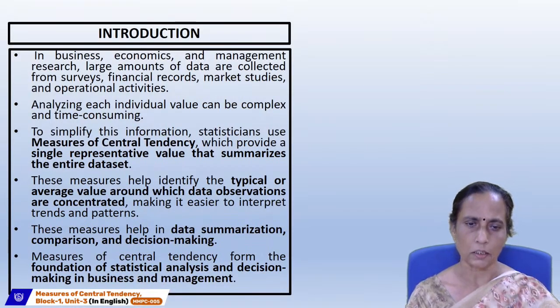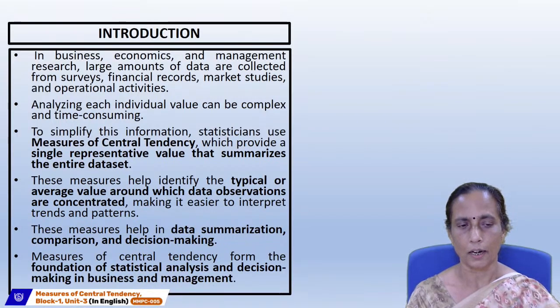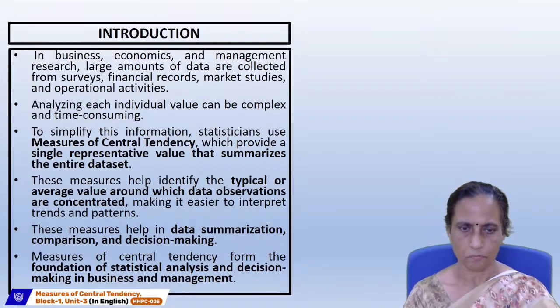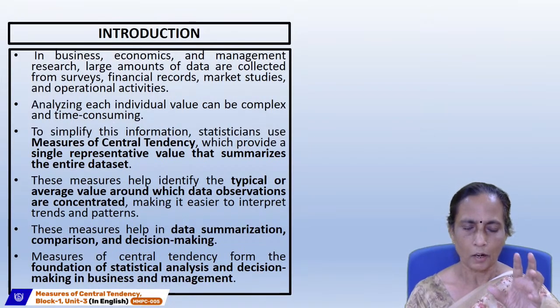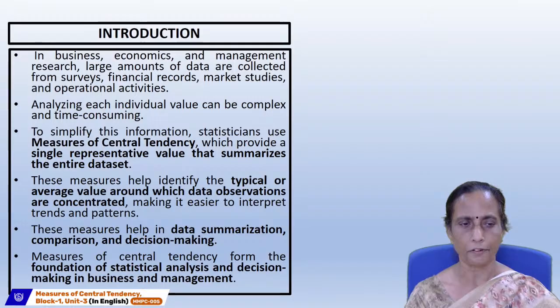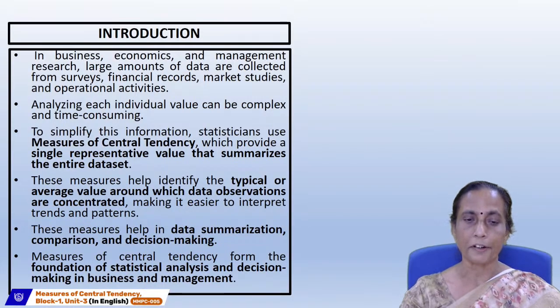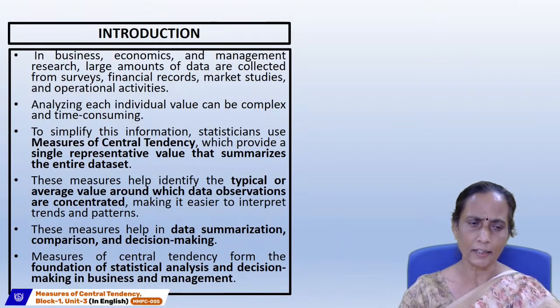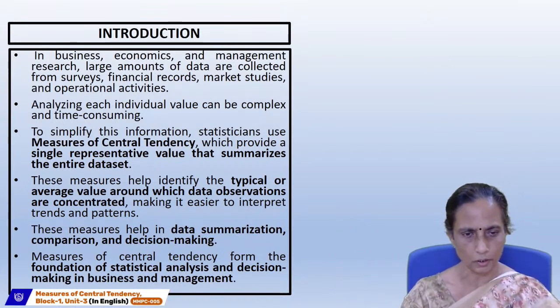So these measures help in data summarization and in comparing several districts, that is, the sale of a specific commodity in Odisha, in West Bengal, in Maharashtra, and so on and so forth.